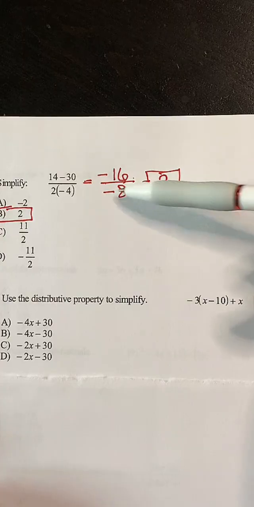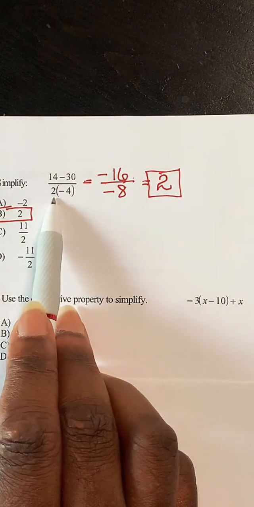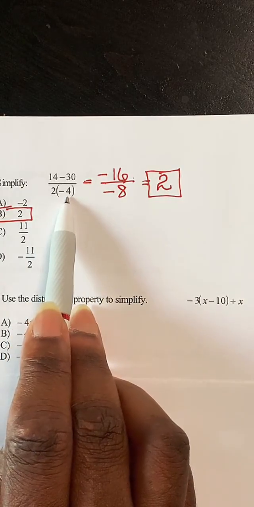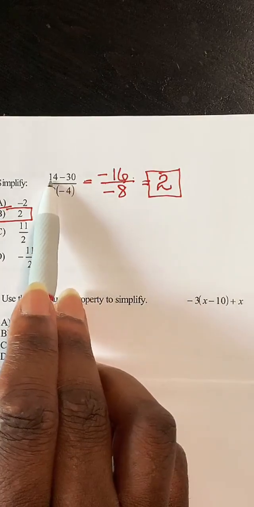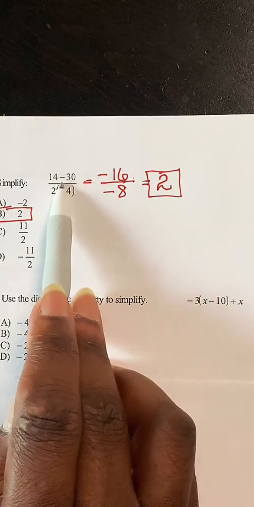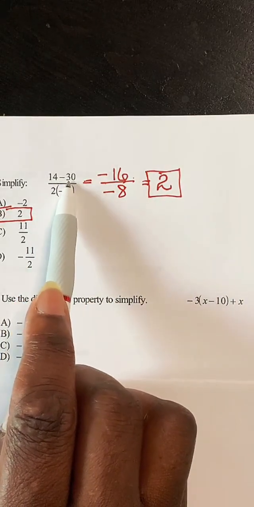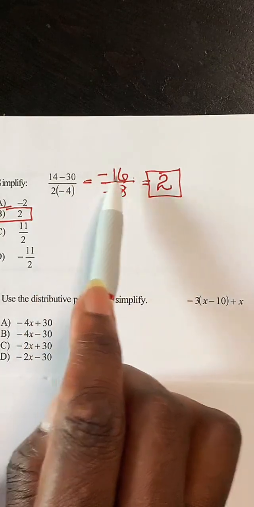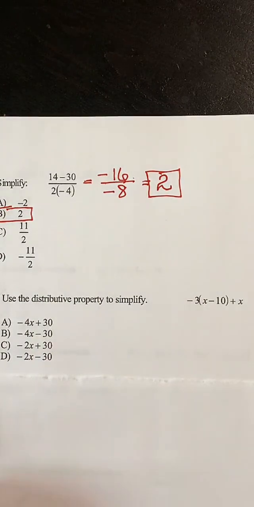I thought a negative and a negative creates a positive. Okay, so Michael, when you're multiplying, a negative times a negative will give us a positive. When you're dividing, a negative divided by a negative gives us a positive. But right here, when you have a positive times a negative, that's where the negative 8 came from.